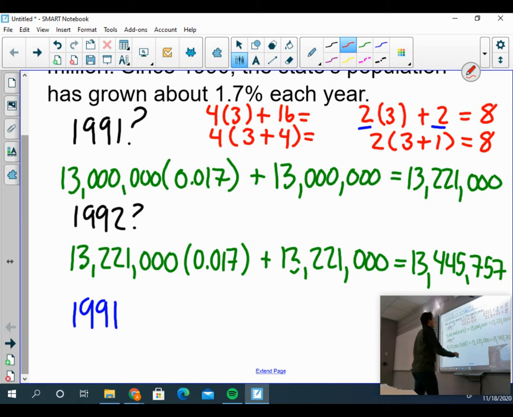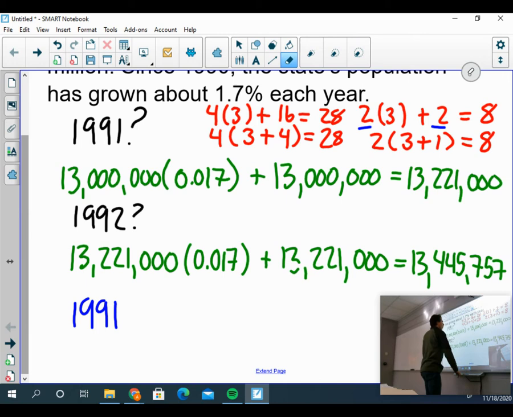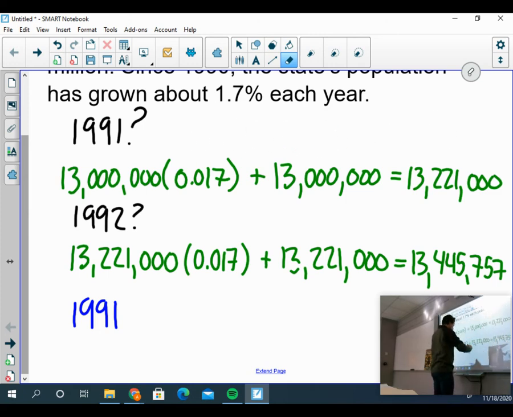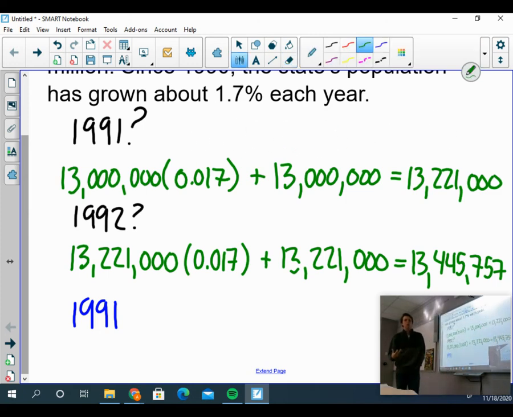Again, if you check your work here, 7 times 4 is 28. 4 times 3 is 12, plus 16 is 28. Again, identifying the greatest common factor in a set of numbers means we can take that number out front. It's a different way of writing it, so to speak. Should have learned that in middle school. If you haven't, as always, shoot me an email. Let me know how I can help.